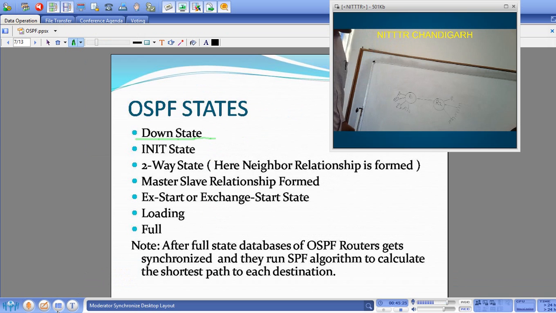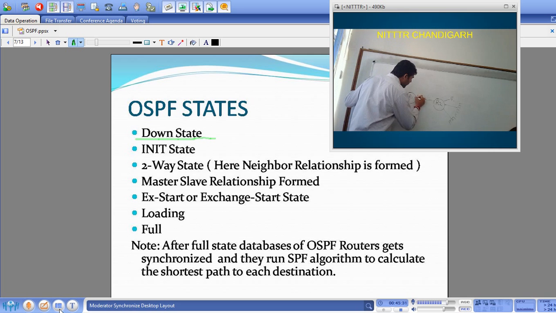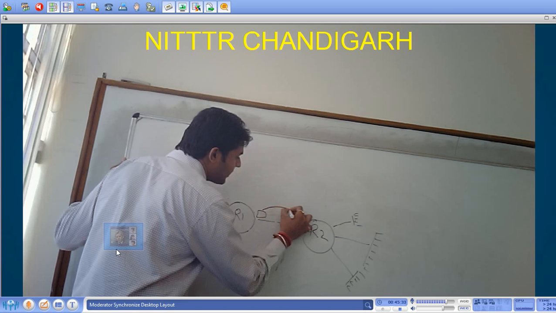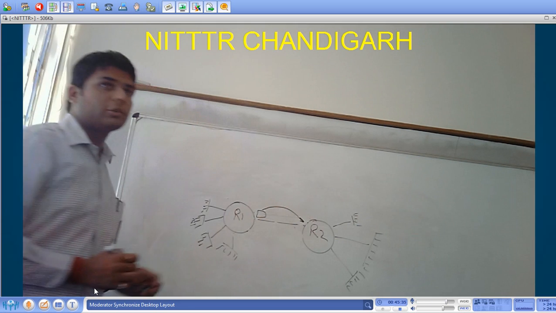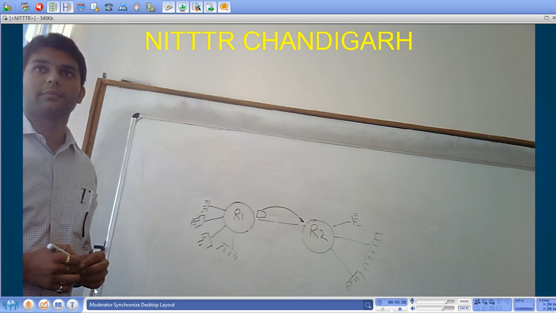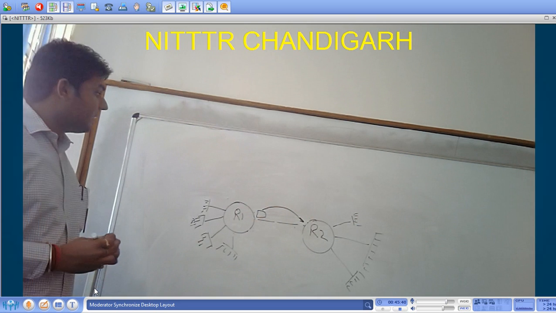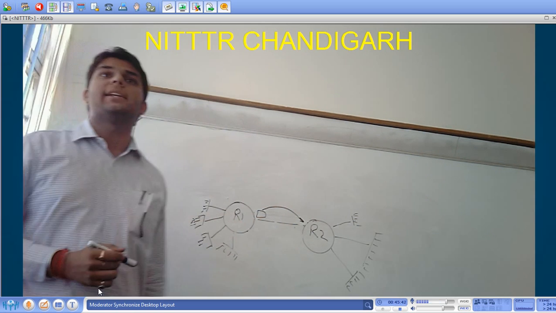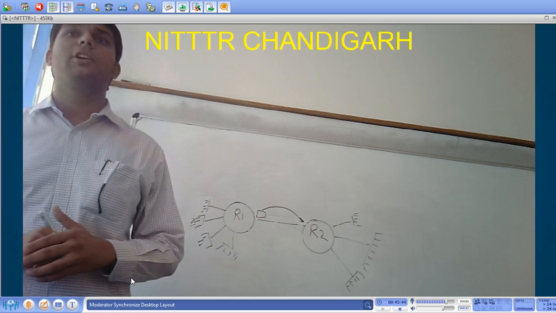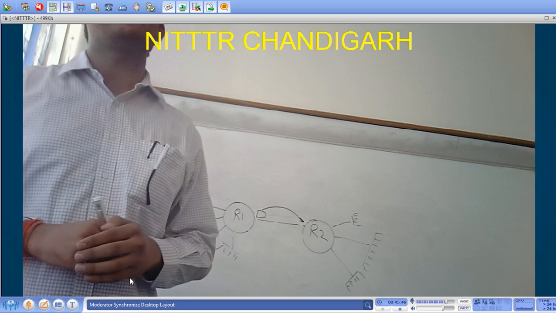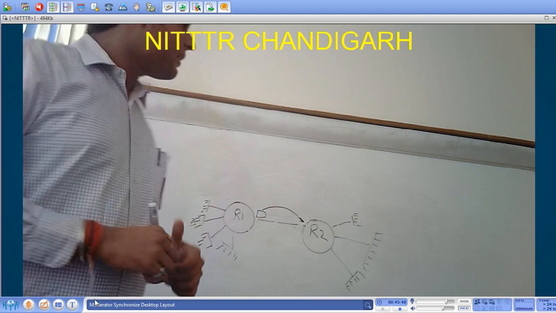Router number 1 sends the hello to router number 2. This is the hello packet. Router 1 sends it to router number 2. All right? They will enter into the init state. They will enter into init, I-N-I-T, init state.